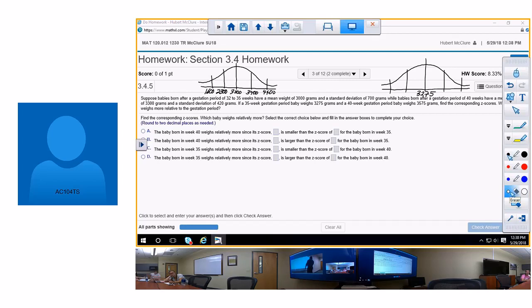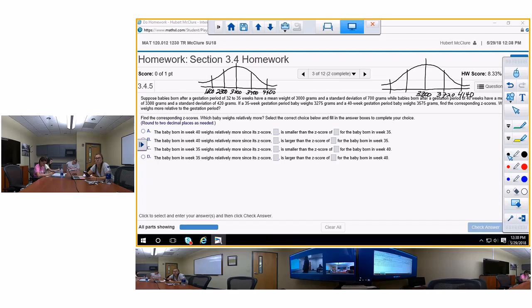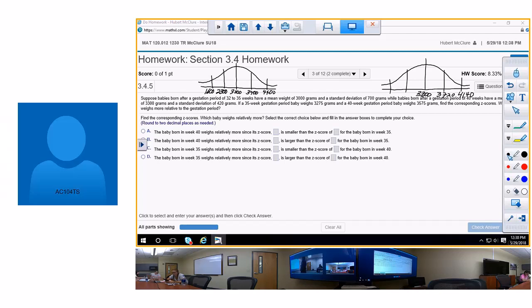I read the wrong one. 3,300. 3,720. 3,720 plus 420 is 4,140. Somebody check my math. 3,300 minus 420 is 2,880. 2,460. Somebody check my math.